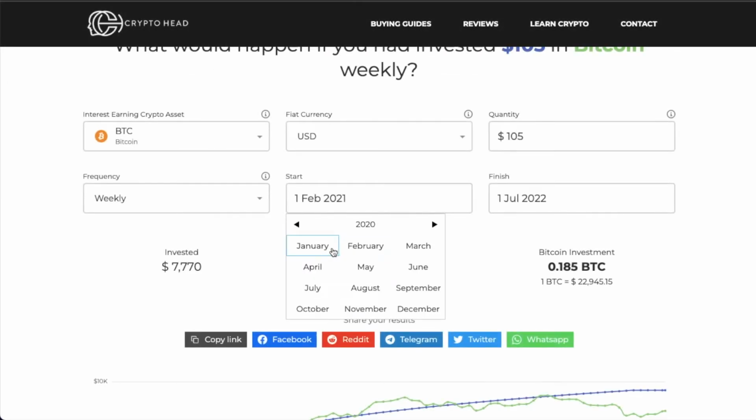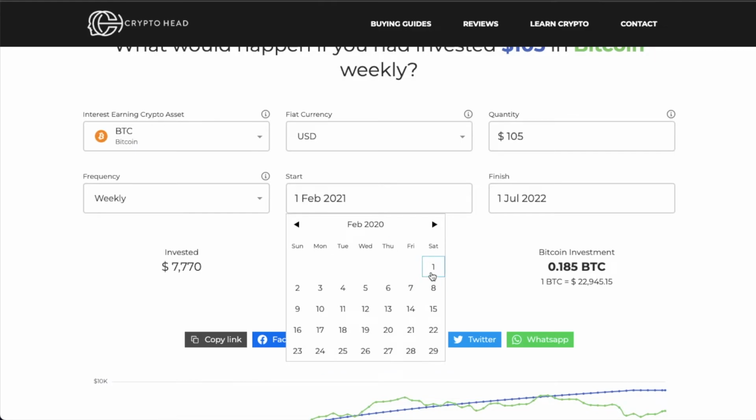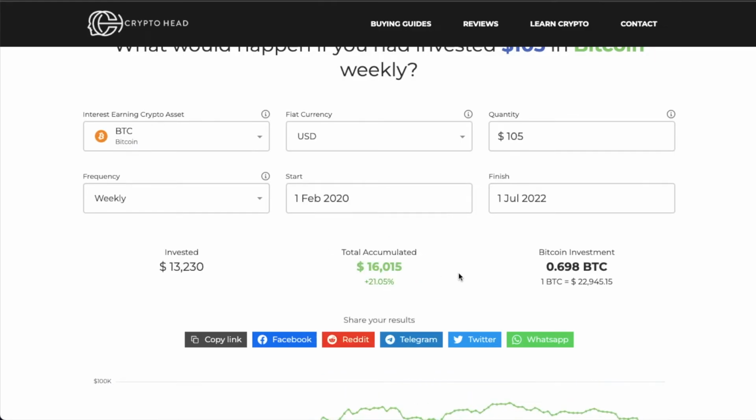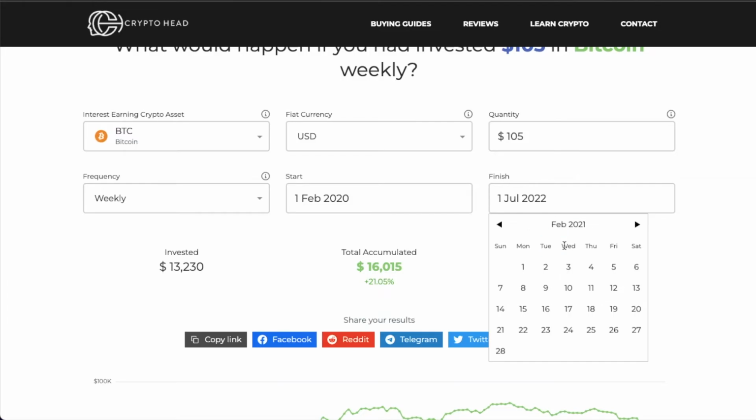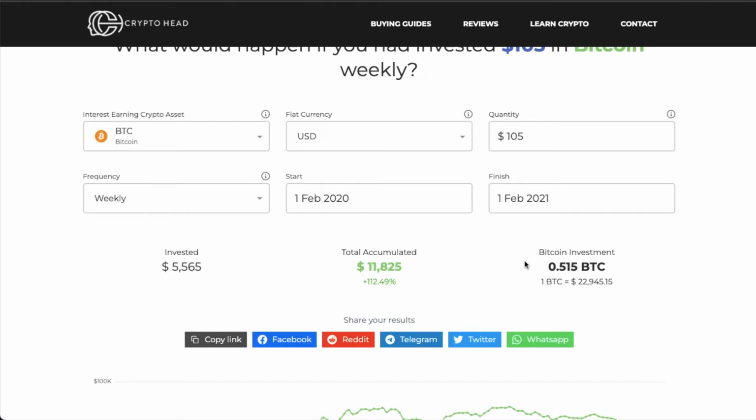If I were to start with my weekly accumulation a year earlier, on February 2020, I'd be plus 21% in profit, however. So the recent price decrease would not have affected me that much. If I backtest during a bullish period, of 2020 to 2021 only, as you can see, I would have doubled my investment.